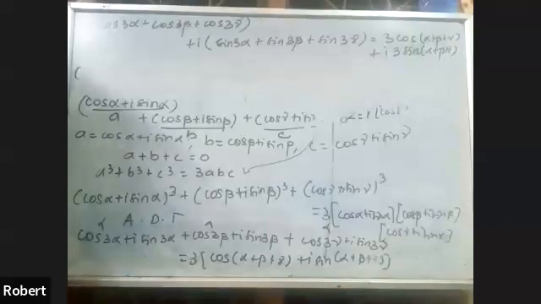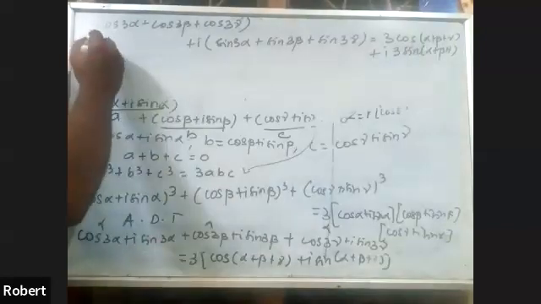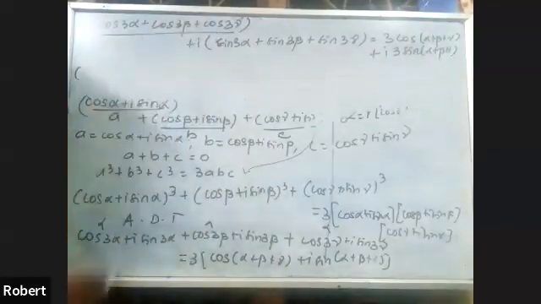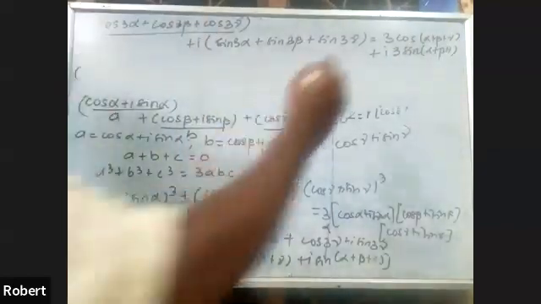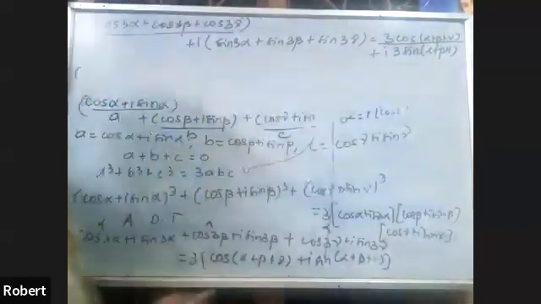Now I am going to equate the real and imaginary parts. Here the real part is cos 3 alpha plus cos 3 beta plus cos 3 gamma, and on the other side the real part is 3 cos (alpha plus beta plus gamma).